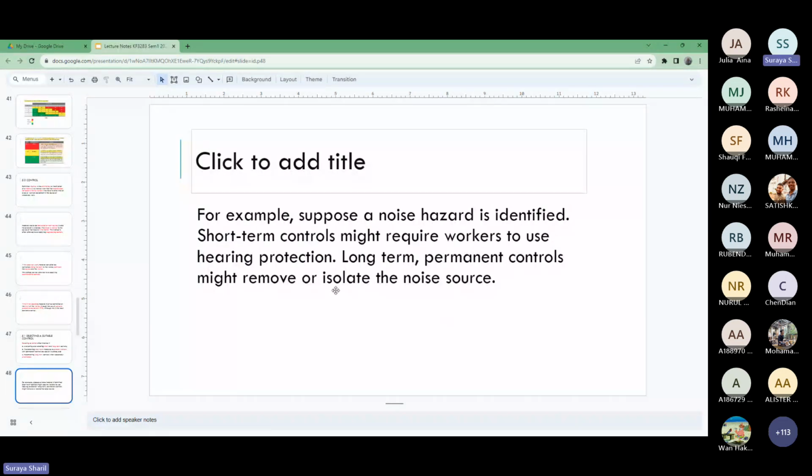For example, in the case of a noise hazard, the short-term control requires workers to use hearing protection. And the long-term permanent control given here is to remove or isolate the noise source.